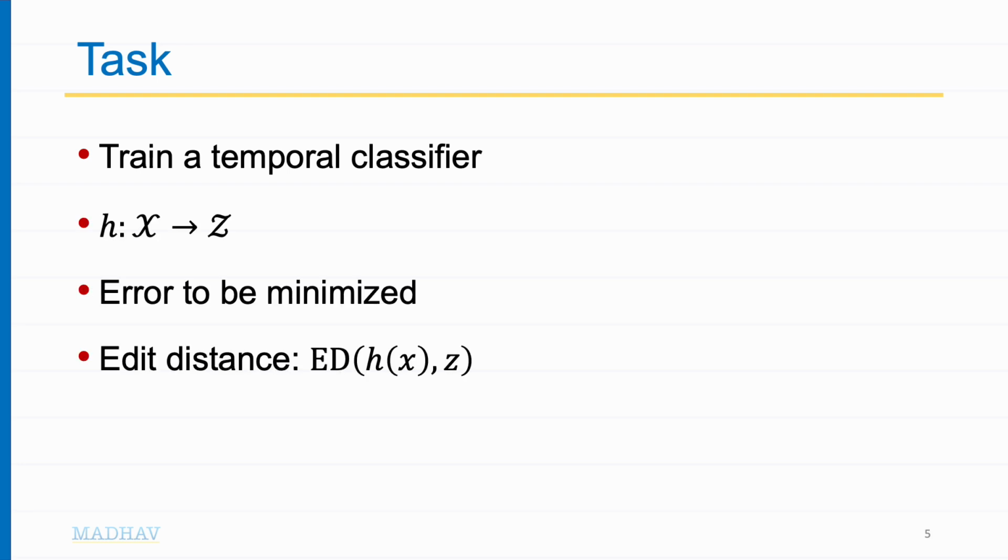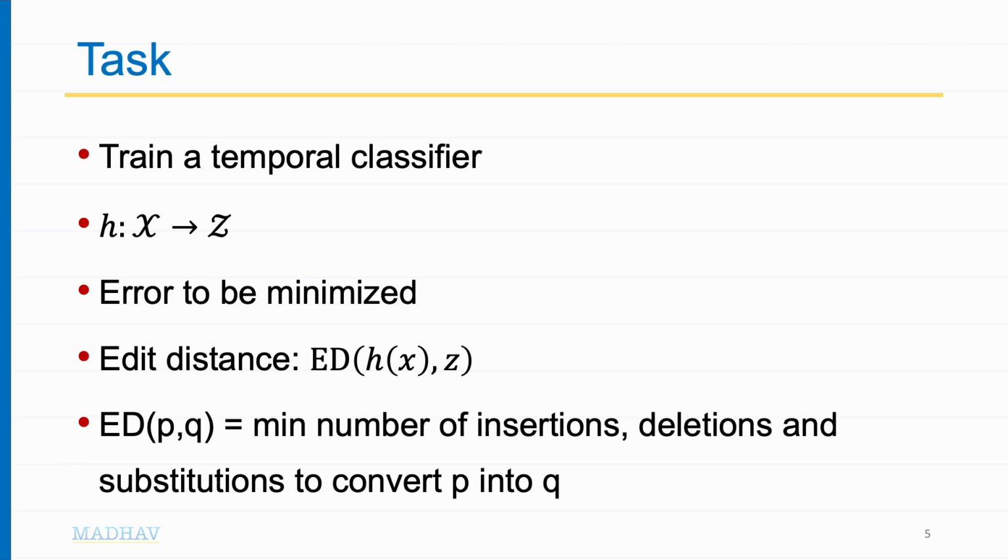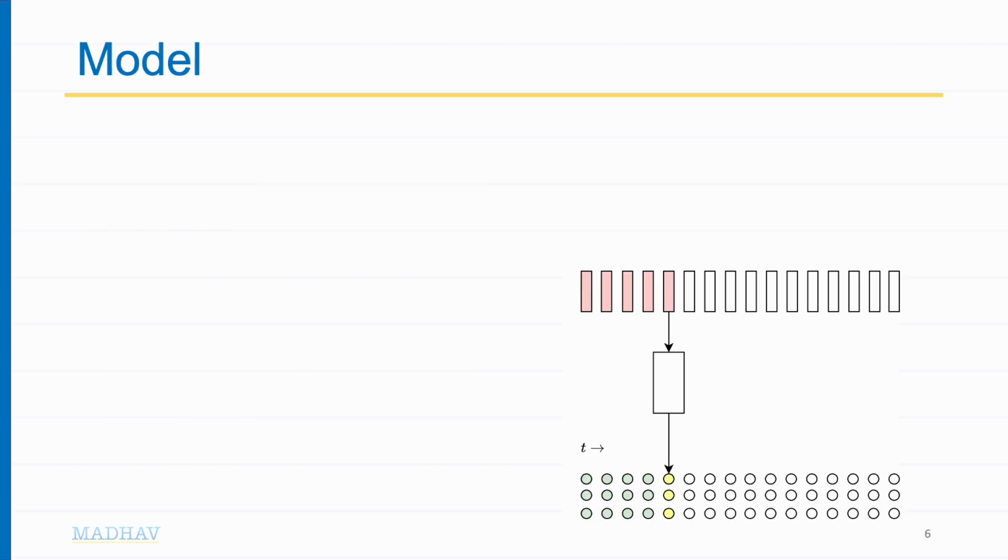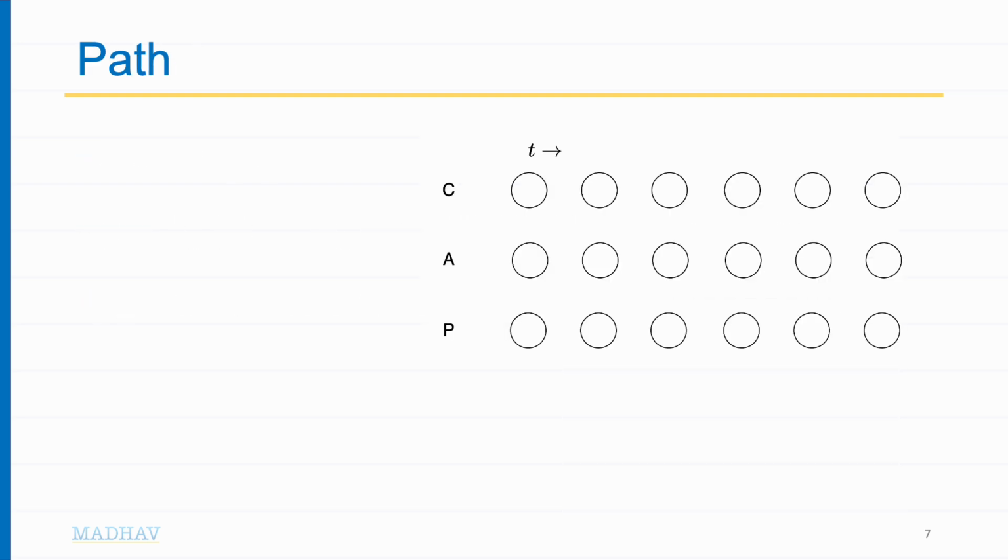I will just skip this part, it was discussed earlier. The distance or the error measure is edit distance. The ground truth sentence is this, and my predicted sentence is this. What is the edit distance? Substitutions, insertions, deletions. That is the metric for evaluation.